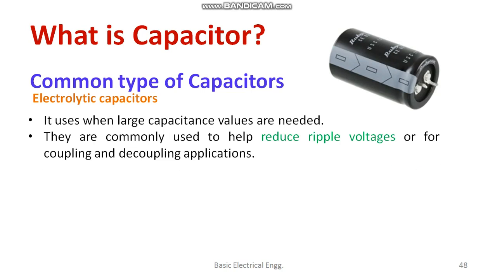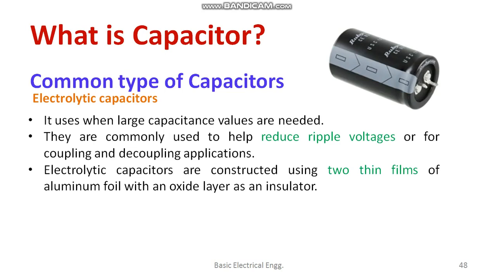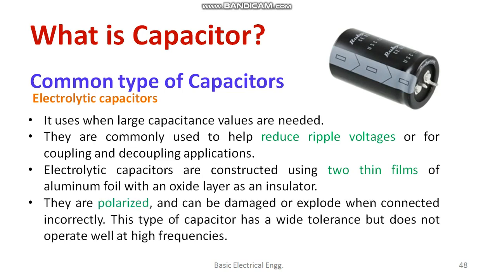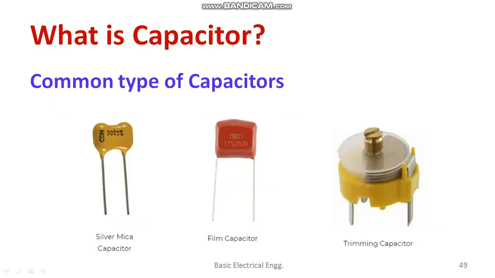It can also be used as coupling capacitor, for coupling of two stages of circuits. It is made up of thin aluminum foil, and there will be an oxide layer of insulator. This is basically a polarized capacitor.